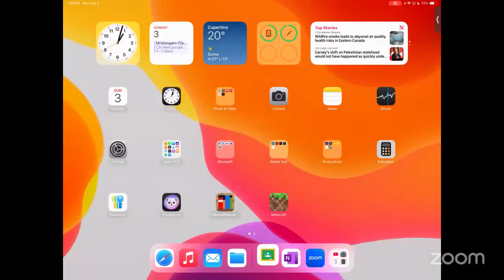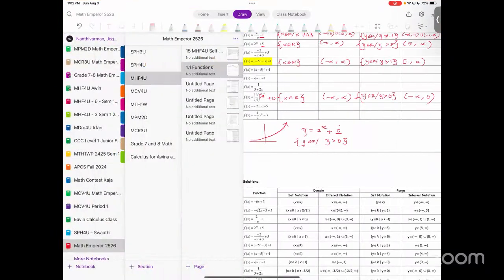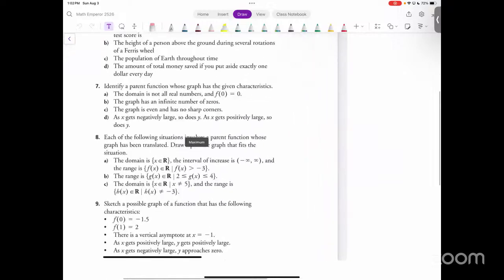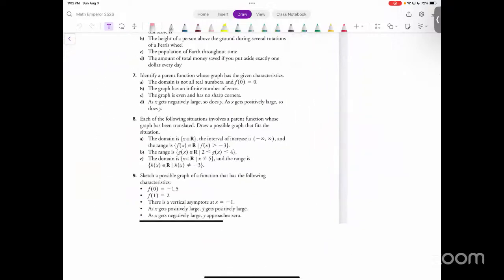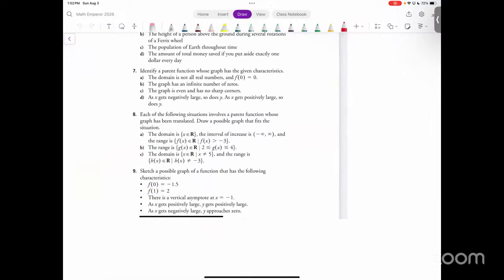So I will show you a couple of questions and how we should be able to answer. A question like this you are expected to see. They're going to give you the characteristics of the graph, and then you are expected to sketch it. Sometimes it's not necessarily a graph that you have seen before. It is not necessarily a quadratic or parabola or reciprocal, but as long as it follows the properties, that's fine.